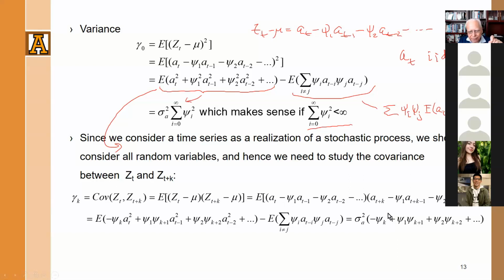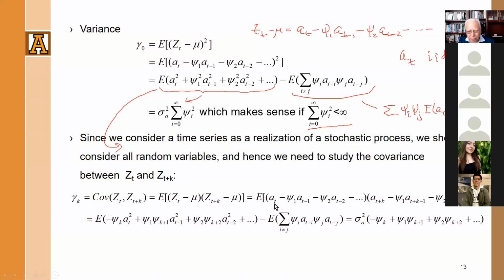So I will have, when I multiply a_t, a_{t+k}, a_{t+k-1} times psi 1, and then I take the a_t, and then I do this with a_t with all the terms here, the a_{t-1} multiplied by psi 1 with all the terms here, all the products, and what I get is that this expected value is psi_k sigma squared sub a, okay?